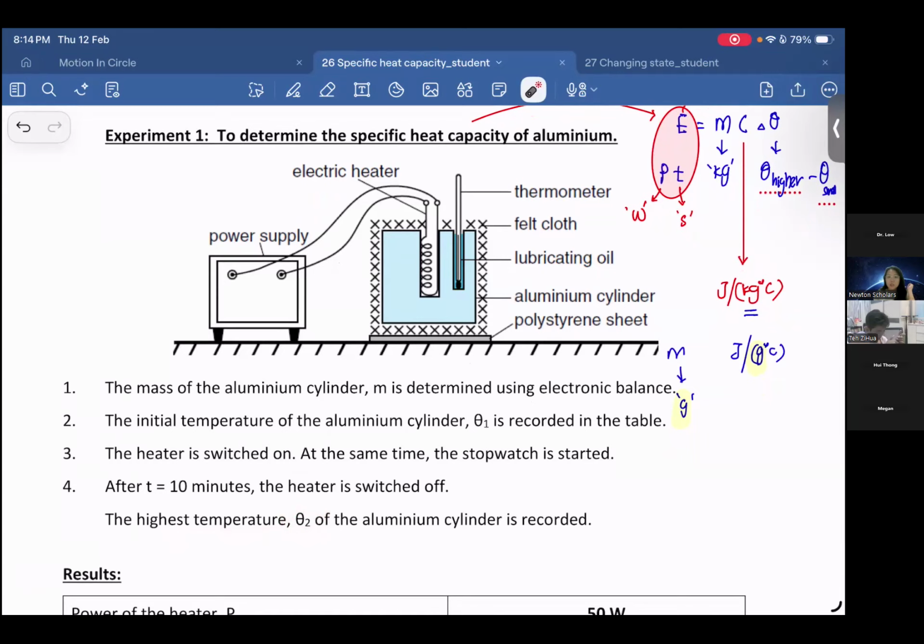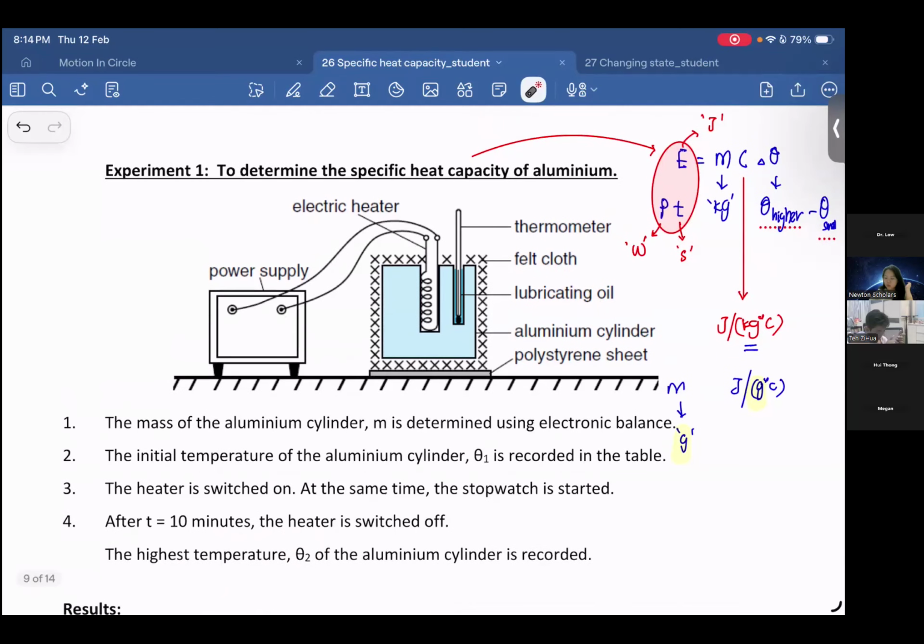From this information, I can find the energy by power times time. The power of the heater should be given in the question, and the time depends on how long we heat it up. If you heat 5 minutes, less energy is supplied; if you heat 10 minutes, you supply more energy. So the amount of energy depends on how long you heat it up.